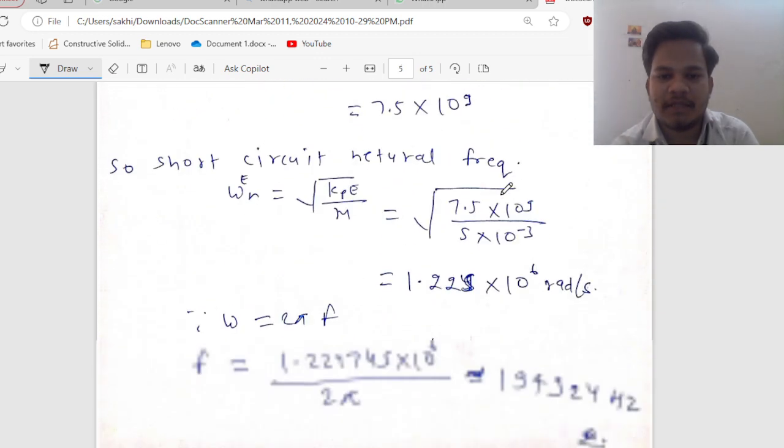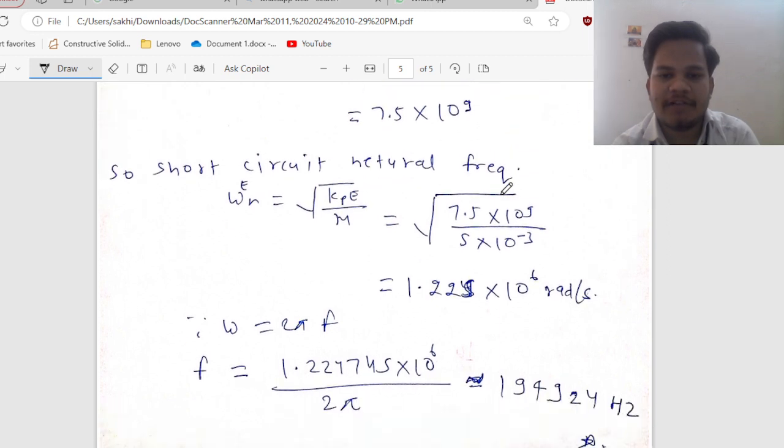So by plugging in all the values we can easily calculate the natural frequency, or the short circuit frequency, of the piezoelectric material. Short circuit frequency means this is a piezoelectric material, we are connecting it by wires, so no electric displacement will be there, but the electric field will be there. So this is called the short circuit natural frequency.